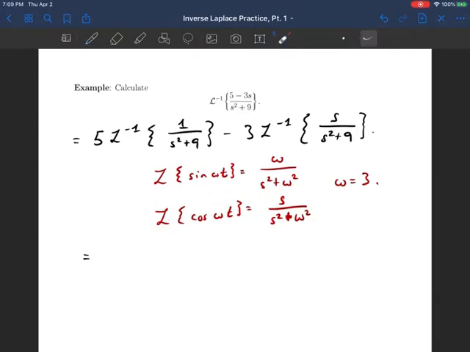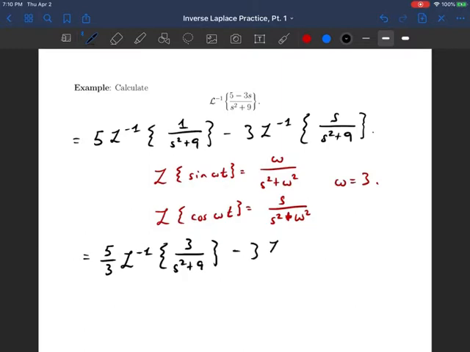Okay, so that means that in order to make our original thing match up, we need to have a 3 on top of this first one, right? Because we have an omega here. To go with the omega squared, we have a 9. That's 3 squared. We need a 3 up top. So we get 5/3 inverse Laplace transform of 3 over s squared plus 9 minus 3 inverse Laplace transform.